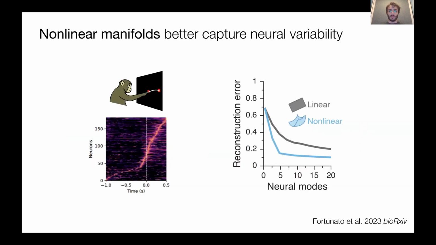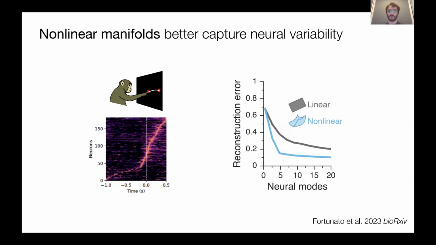And in this particular work from one year ago, what they did was on these kinds of data where monkeys are doing reaches, they're recording from the motor cortex. They looked at how much variance, or conversely, what was the reconstruction error of linear versus nonlinear manifolds across different dimensions of the manifold.